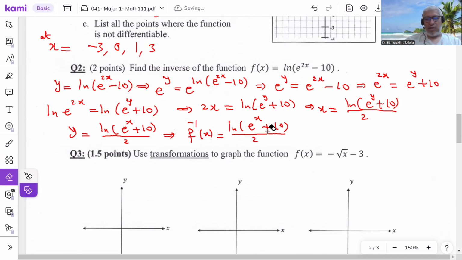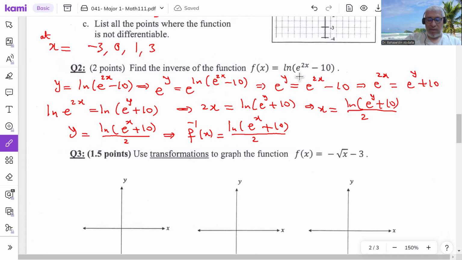But you need a nice number here. For example, if I take x equals 5, so I'll have e to the power 10 minus 10.